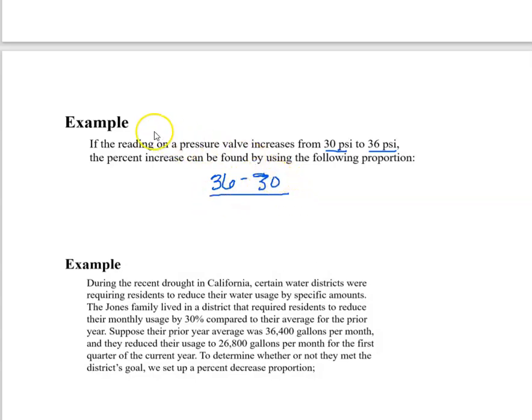And so if the reading on the pressure valve increases from 30 to 36, then our original amount would have been 30. So 6 over 30. So you're going to do 6 divided by 30, which is going to give us 0.2, which is 20%, would be our percent increase.